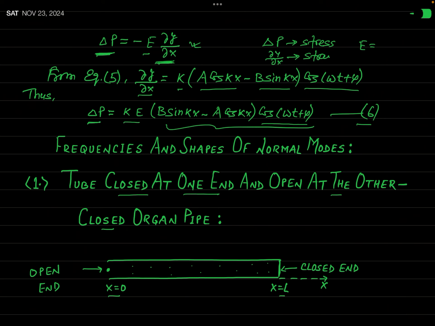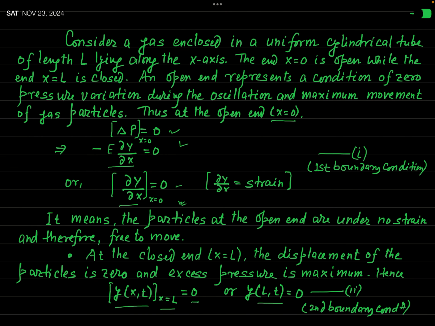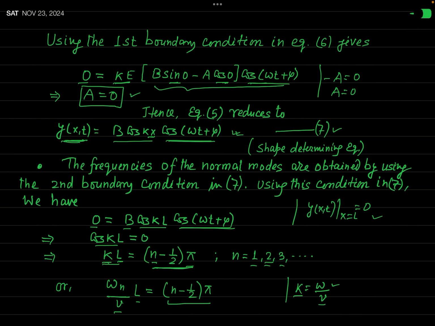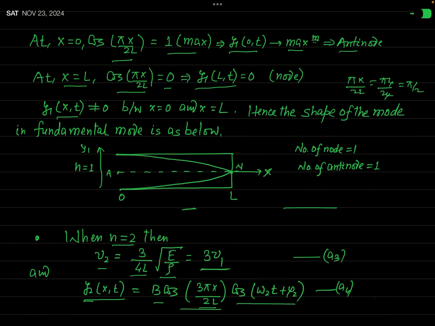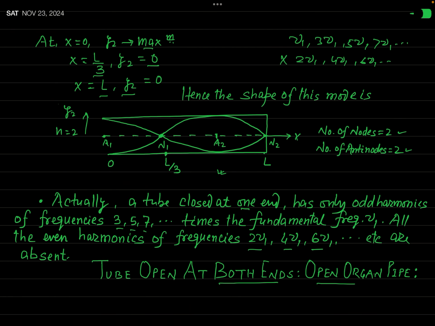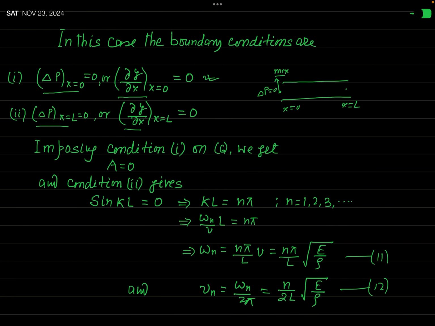When you take this delta P equal to 0 at x equal to 0, this is just like the previous problem. So you will take x equal to 0 in the RHS and delta P equal to 0 in the LHS, and after solving, as you have seen just earlier, we get the value of the constant A as 0 from this boundary condition. Okay, so in this condition we will have A equal to 0.